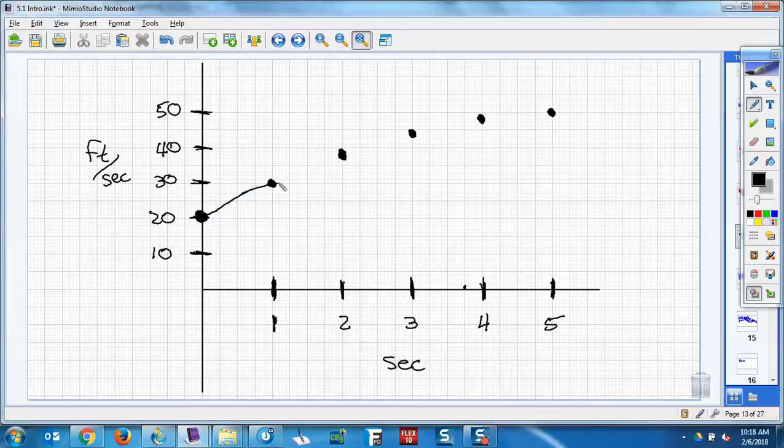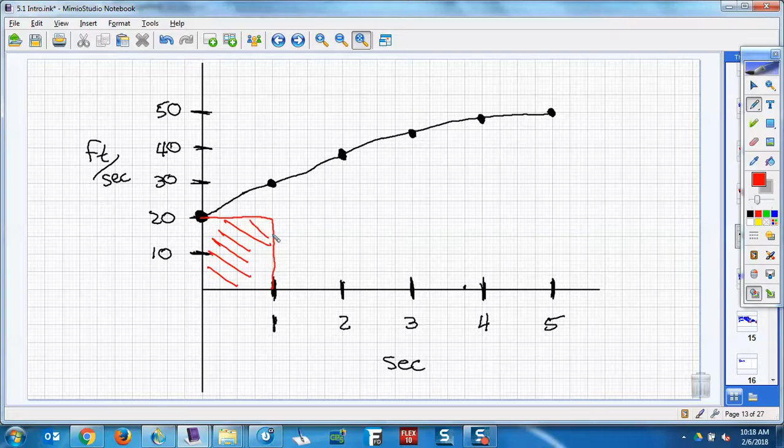Trying to make this concave down. That's not right. All right, so now let's do the one that was 180. The one that was 180, assume that it went 20 feet per second the whole first second.